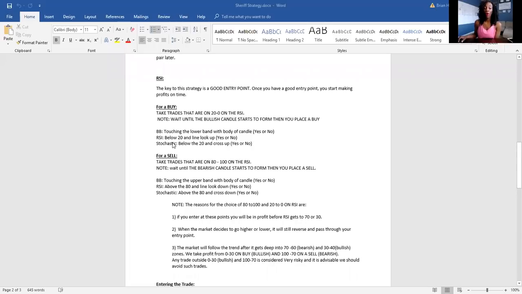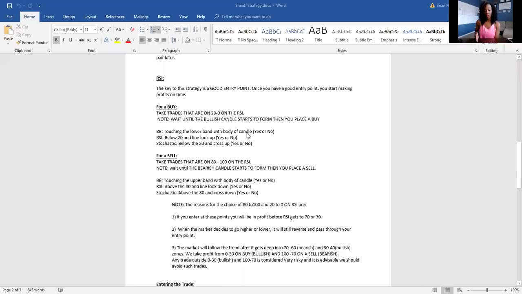Now let's finish going through the steps. And I'm going to show you another trade that I actually put on. Okay, so we went through a buy. So on a buy again, with the Bollinger Bands, it should be touching the lower band with the body of the candle, not the wick. So if they call a buy on the 15-minute chart, is the candle touching the lower band with its body, not the wick? And if it's a buy, it needs to be the green candle that's forming.